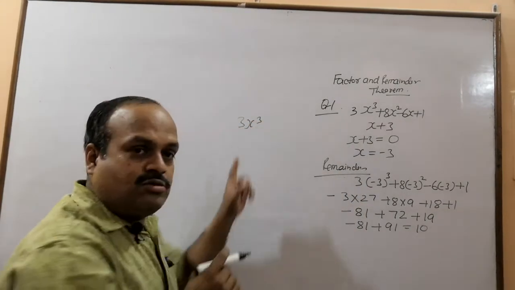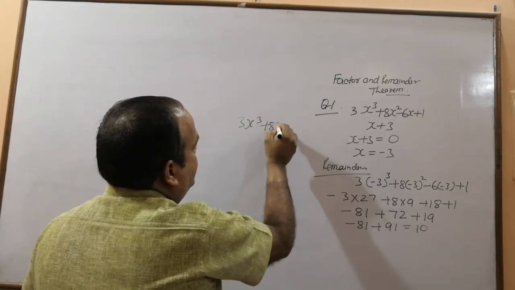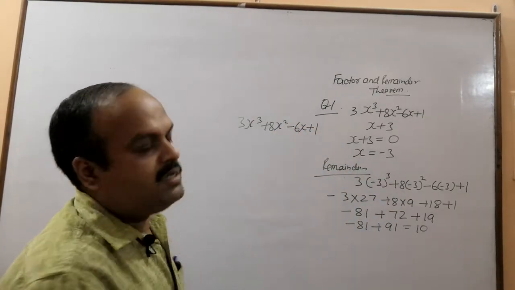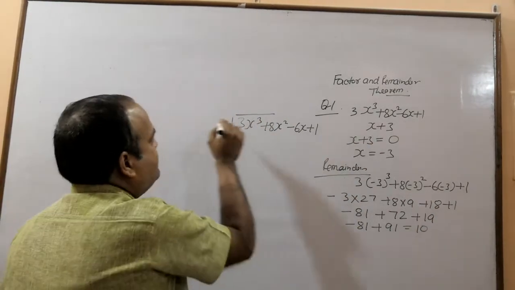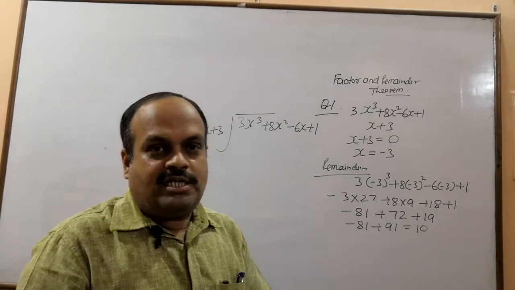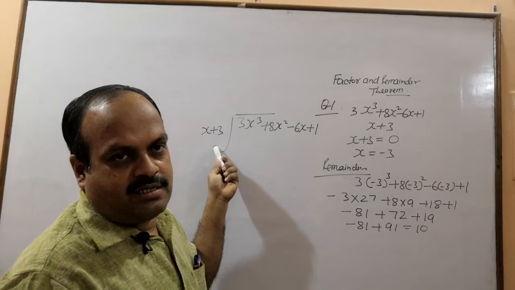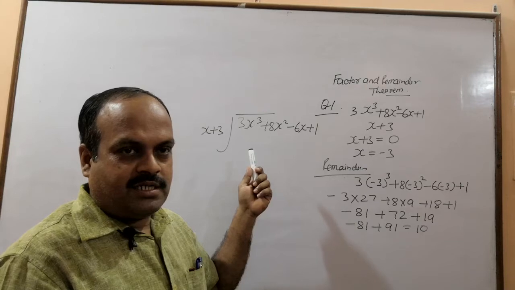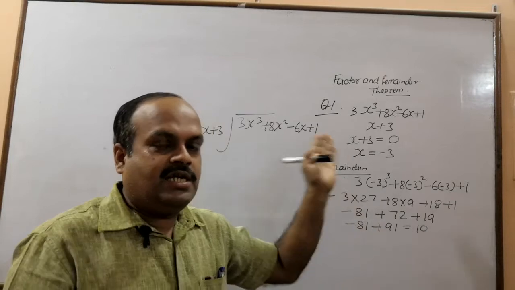You need not do this, but you need to know it. 3x cube plus 8x square minus 6x plus 1 divided by x plus 3. When you do the division of numbers, you read the table of the divisor up to such a number that you get the digits we see in the number.